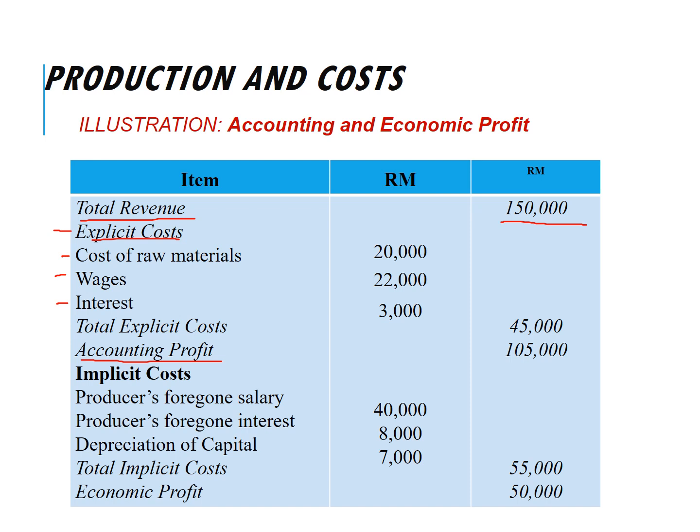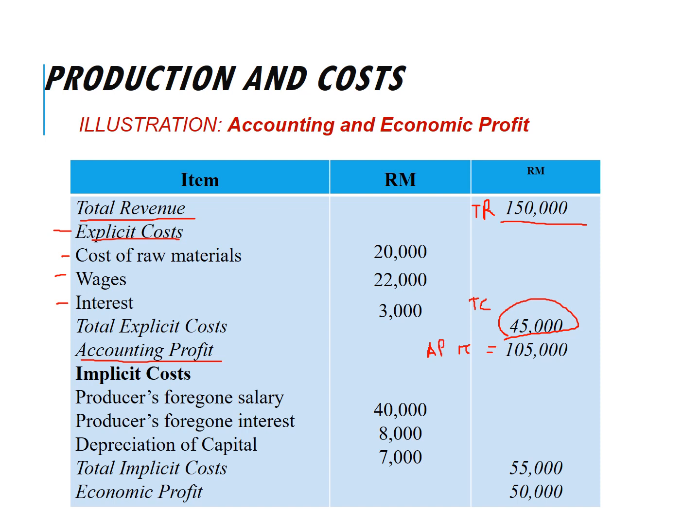So the total explicit cost is 45,000. So 150,000 minus 45,000, you'll get the profit, TR minus TC. This is TR and this is total cost in accounting. So you get the profit of 105,000. This is accounting profit.